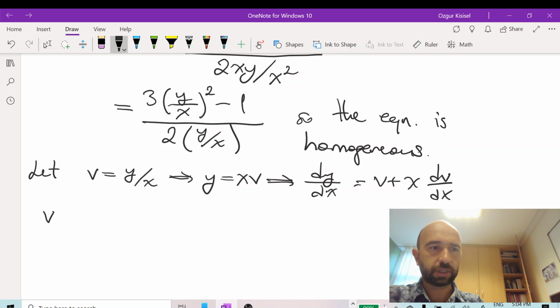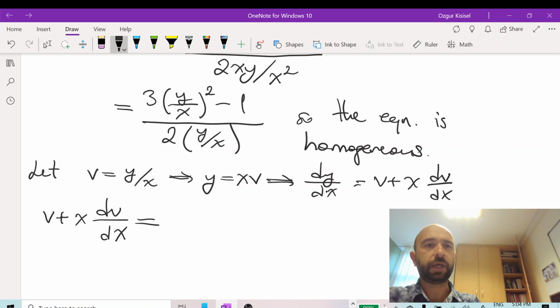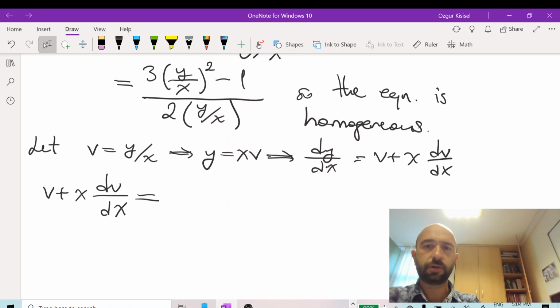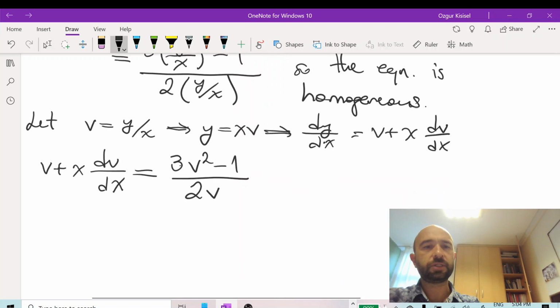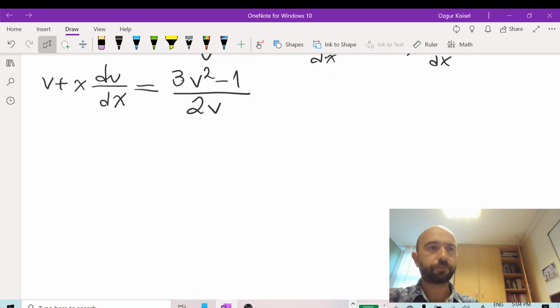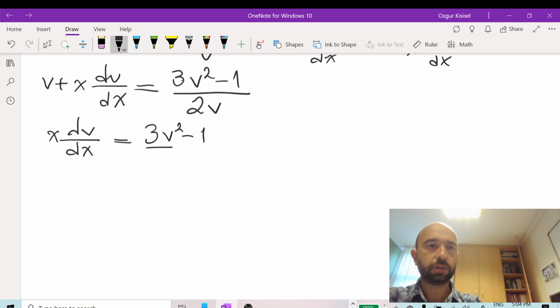We should put this on the left side then, and rewrite the right side in terms of v. So this is now 3v squared minus 1 divided by 2v. And the whole point is this new equation should be separable. Okay, so x times dv/dx equals 3v squared minus 1 over 2v minus v.